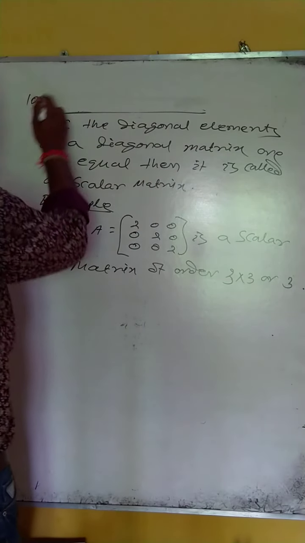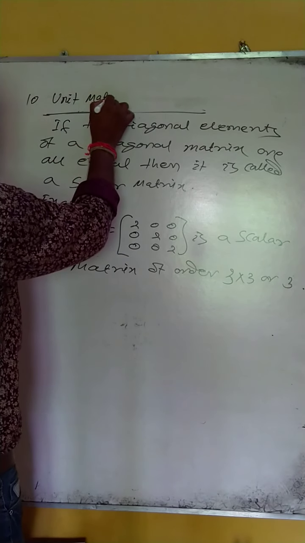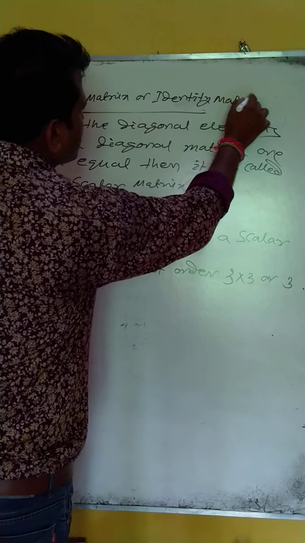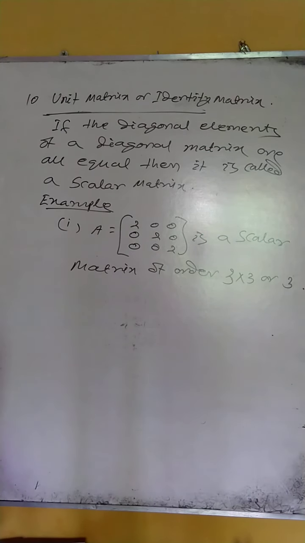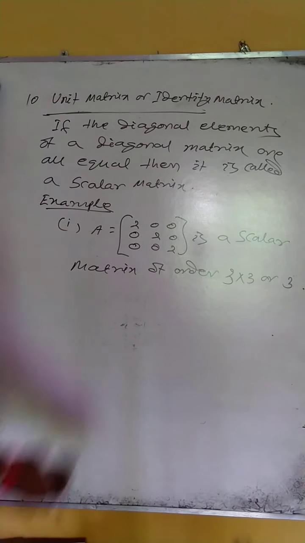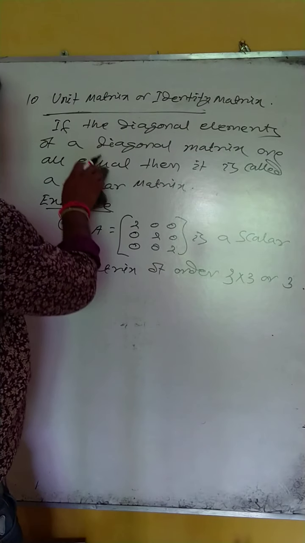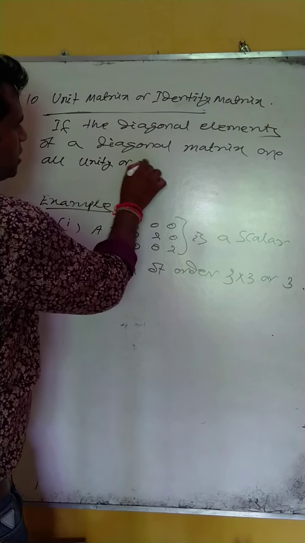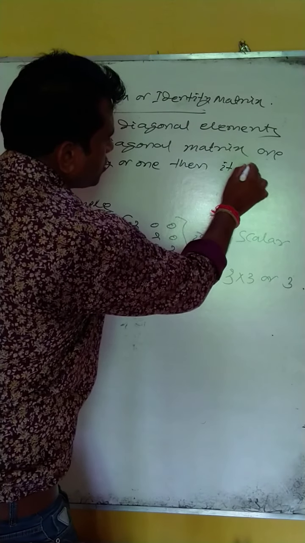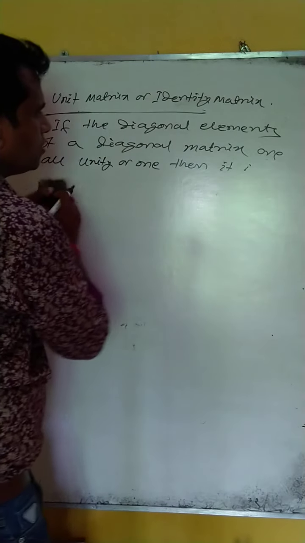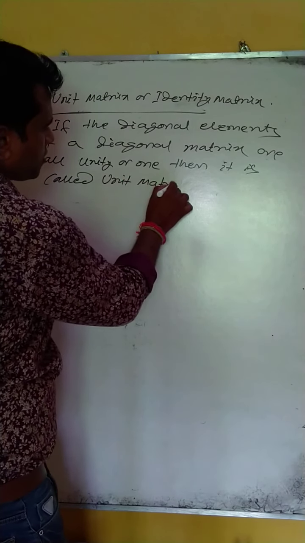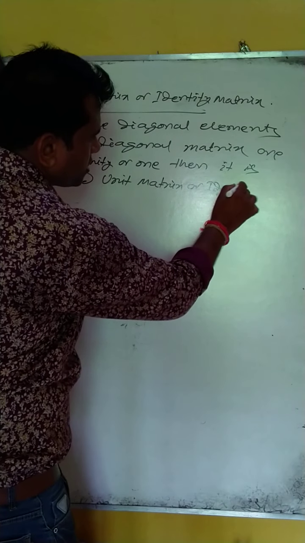Unit matrix or identity matrix. If the diagonal elements of a diagonal matrix are all unity, or 1, then it is called a unit matrix or identity matrix.